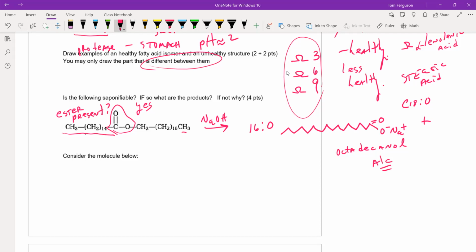Okay, so there's 1, 16, 1. That's 18 carbons. 1, 14, 1, 16 carbons. So this is the acid salt, and that's the alcohol. So that would be a wax.